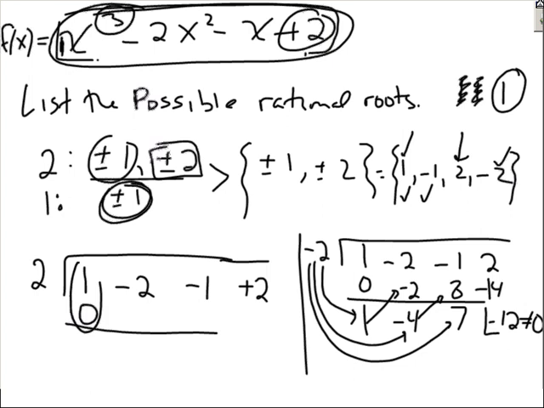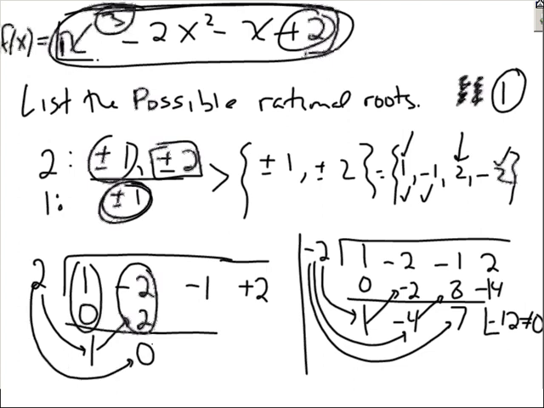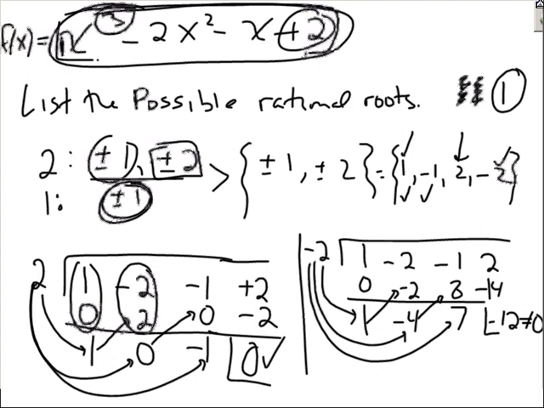I add these, I get 1. 2 times 1 is 2. I add these, I get 0. 2 times 0 is 0. And when I add, I get negative 1. And 2 times negative 1 is negative 2. And we get 0. All of you were laughing because you caught the error as I made it.